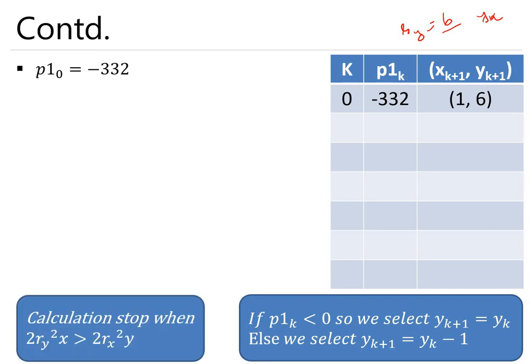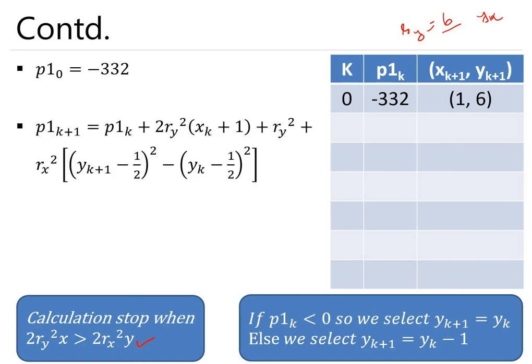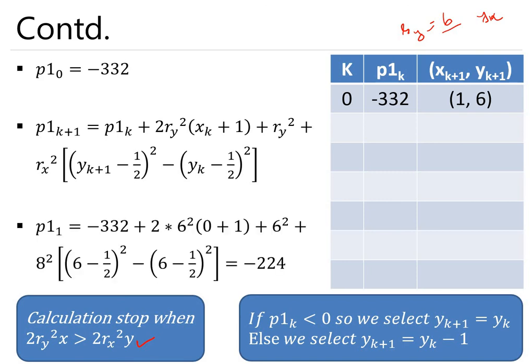Now we will see whether we have reached the end of region 1, but it is only the first iteration, so it is unlikely that we have reached this position. And then we calculate again for the next iteration. In this case we are given p1k here.